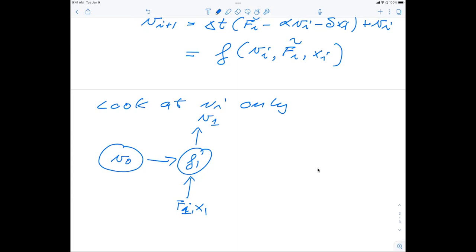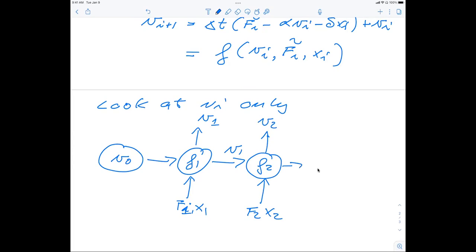The type of measurement you're making, we're not going to specify, but just imagine that this is your output at a given time step. Now, in our specific case, this v1 feeds also into f2 at the next time step. And at the next time step, we also apply a force, we have a given position, and we measure velocity.